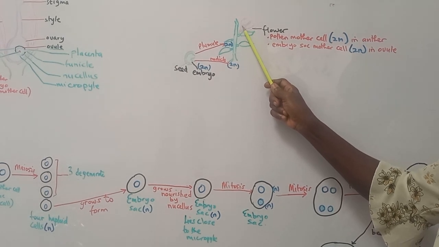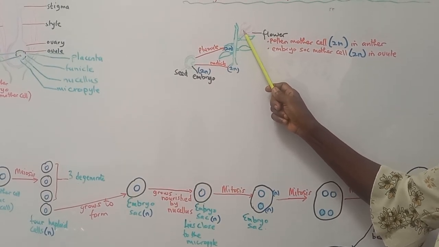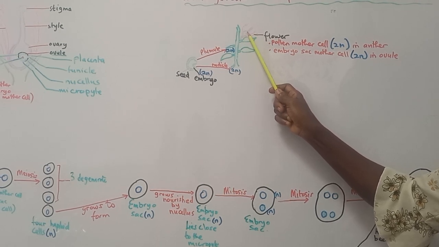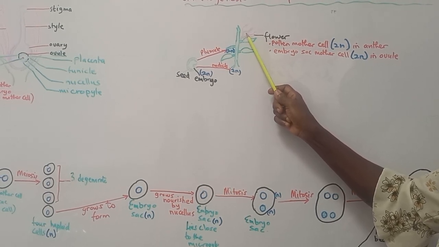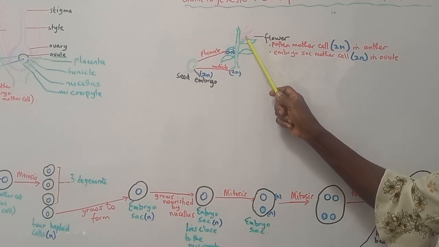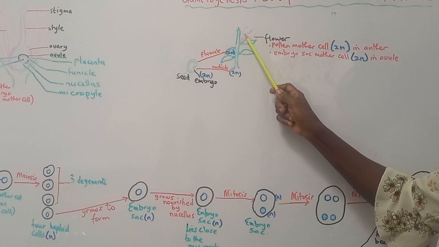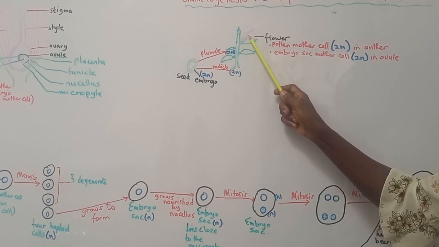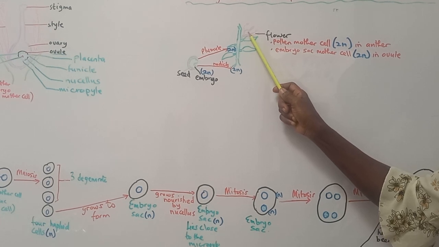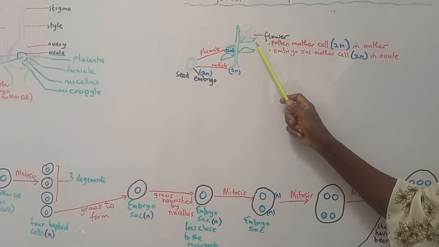So all the parts of the flower are 2N, and so the ovule contains the spore mother cell or the embryo sac mother cell, which is 2N, and it's here. That's how come it's 2N. All the cells are 2N. It's when meiosis takes place in them that they become N, haploid.